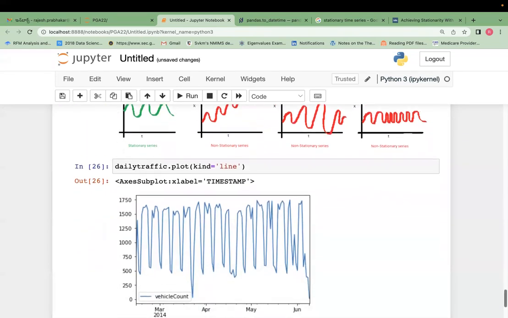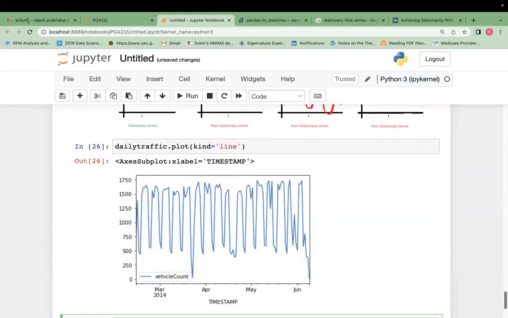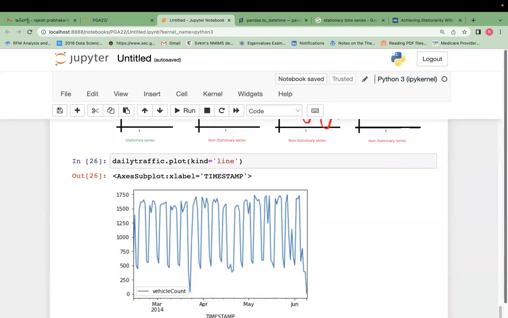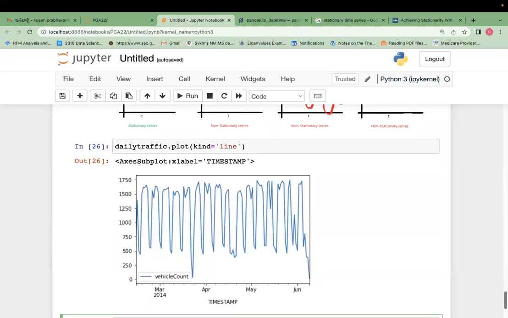Now, is our data stationary? Based on this, we are not able to decide whether our data is stationary.